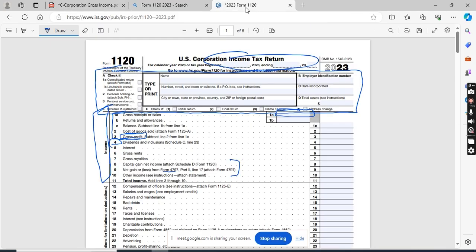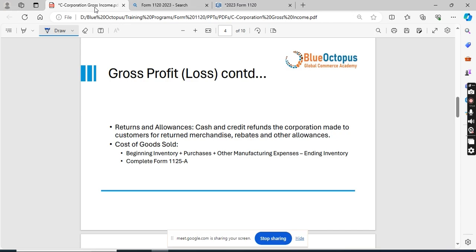Then if we talk about returns and allowances, returns and allowances generally include whatever cash or credit refund the company is making to the customers. So if the customer is returning the goods, you will pay either a cash refund or you may give some credit refund, like a credit voucher or something like that.